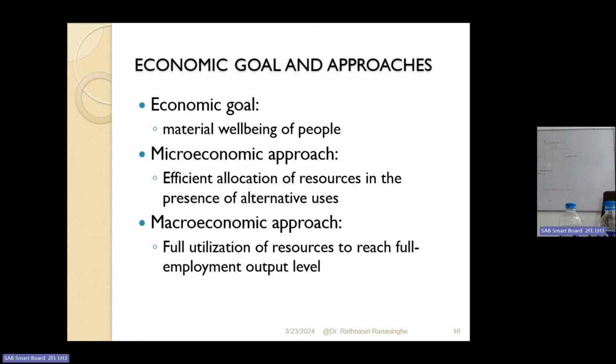And the producer behavior is under the theory of the firm. We will talk more on this under the business economics part. Cost, revenue, all this under the theory of the firm. Theory of cost, theory of revenue, theory of profit. All these things we will talk about later.